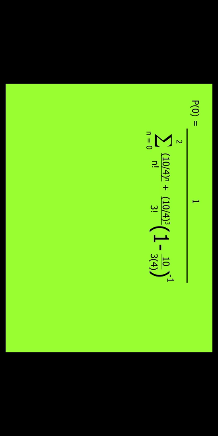Let's proceed. So again, P of 0 would now be equal to 1 all over. For the summation portion of the denominator, you are supposed to analyze the first part of the denominator beginning with the assumption that your n is equal to 0, which is the lower bound of your summation symbol, until you reach the upper bound, which is equal to 2, with an increment of 1 unit at a time.